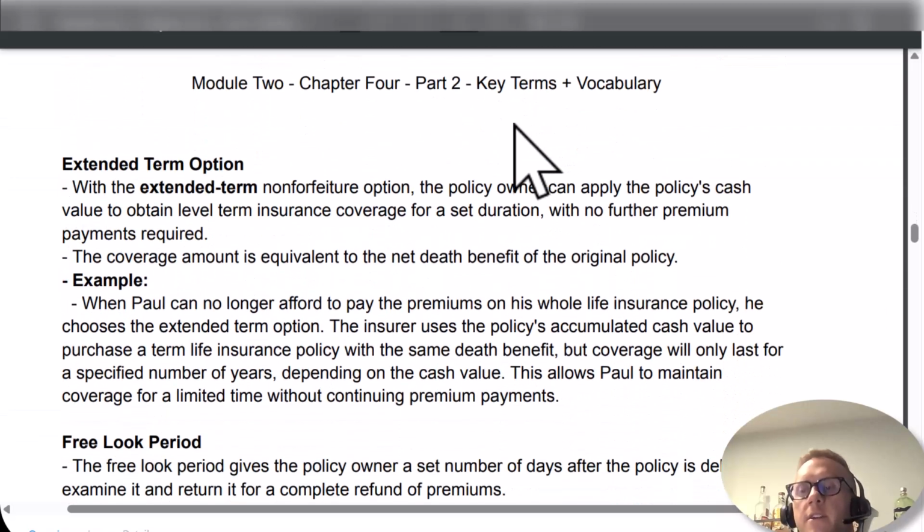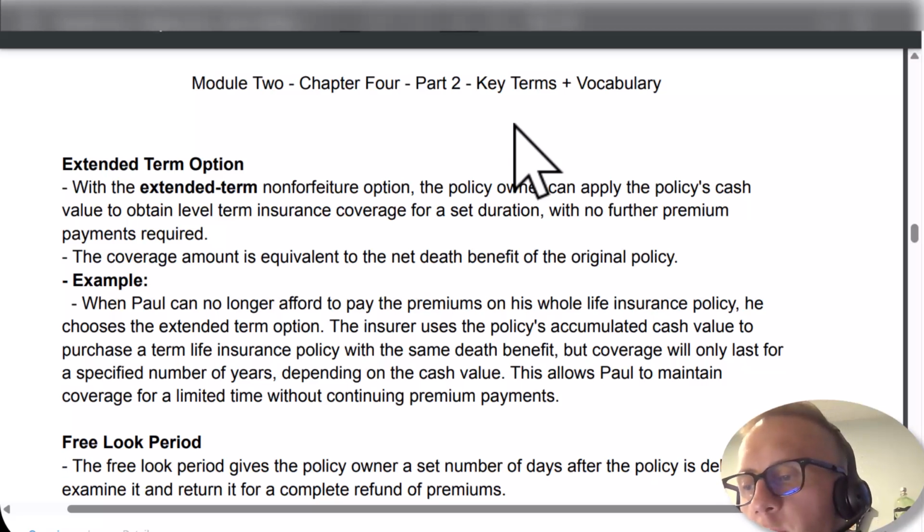Okay, extended term option. With the extended term non-forfeiture option, this is another non-forfeiture option, the policy owner can apply the policy's cash value to obtain level term insurance coverage for a set duration with no future premium payments required. The coverage amount is equivalent to the net death benefit of the original policy.